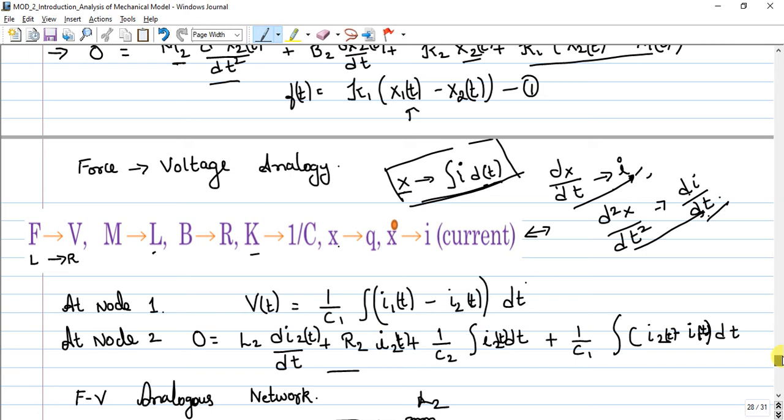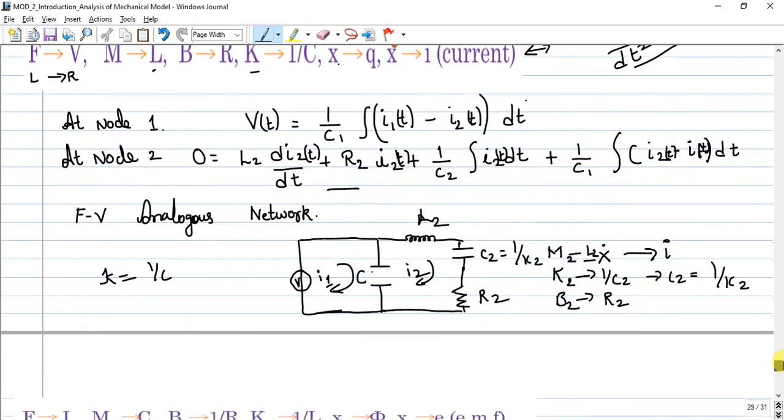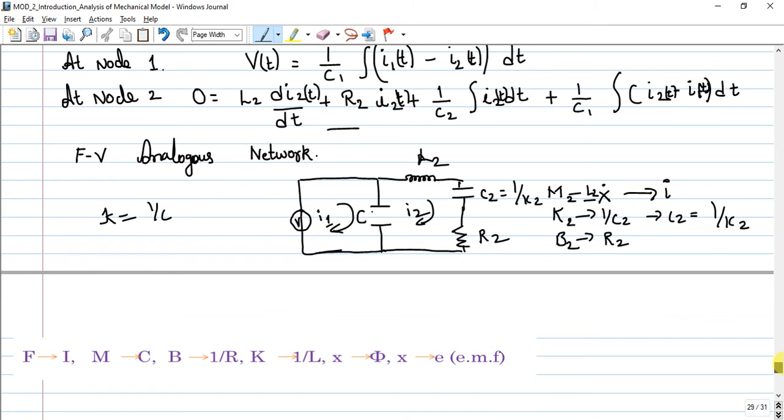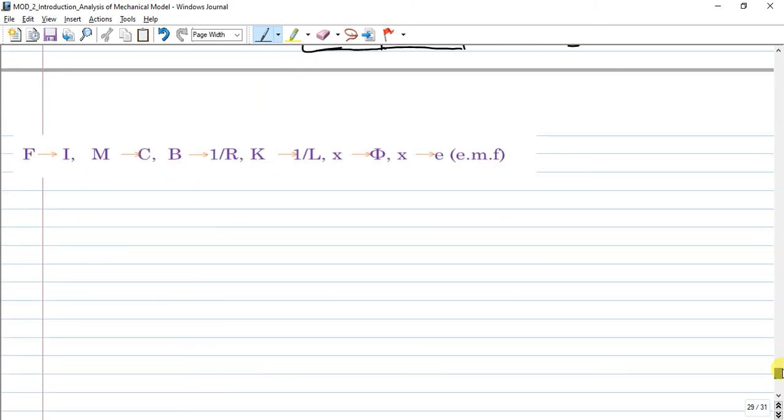We have considered its particular equations, and we have written its electrical network diagram. And finally, we will be considering the force current analogy.